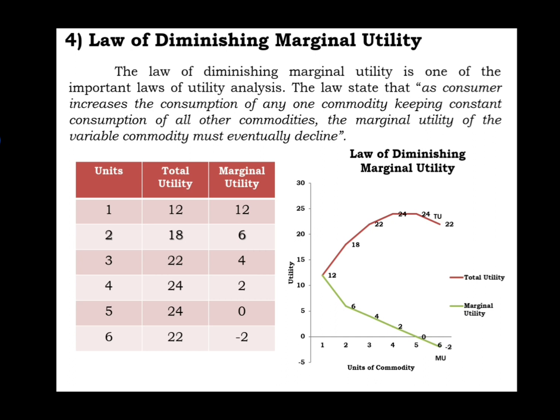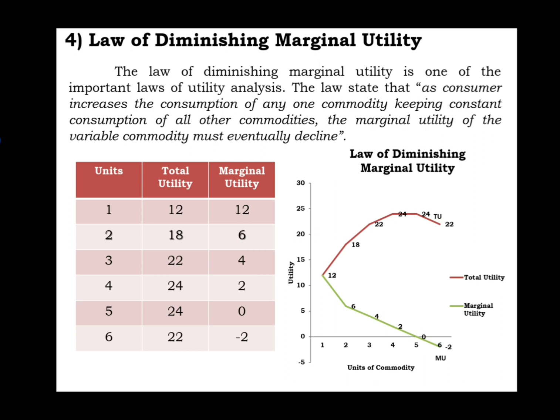After the first unit we have derived 12 units of marginal utility. Thereafter at the second unit we have derived only 6 units. It means we have left 6 units of utility there.